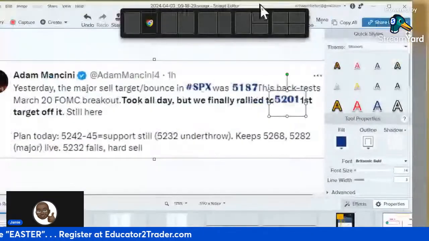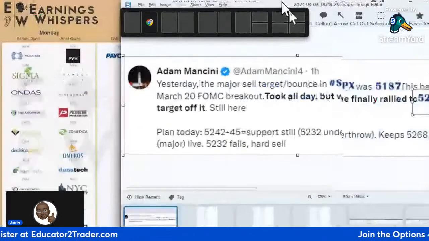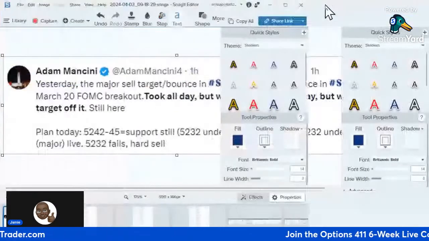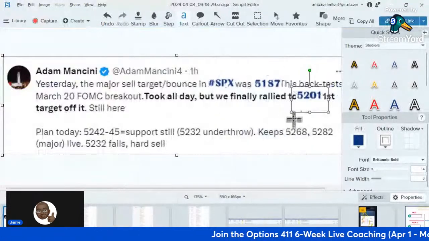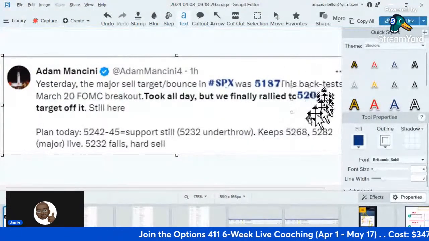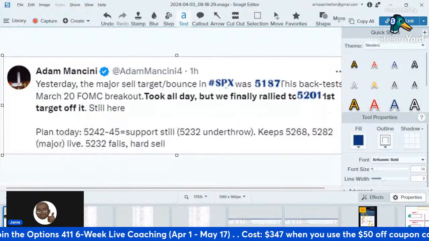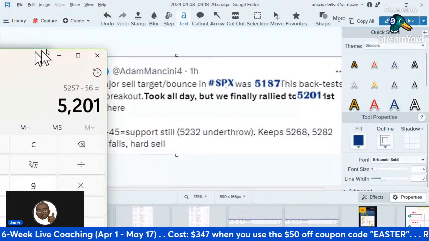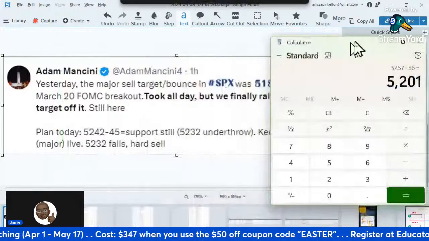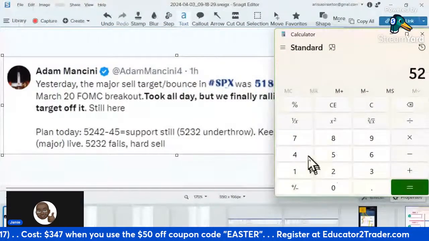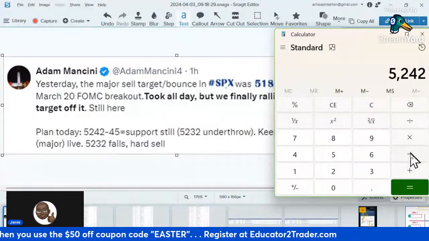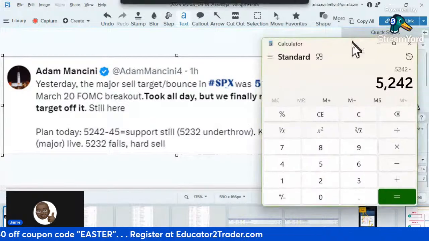Which earnings seems like it's about to wind down anyway. So, all right. So we're saying 56. Target off here. So we're doing 52.42. And we're going to run the same play over and over.